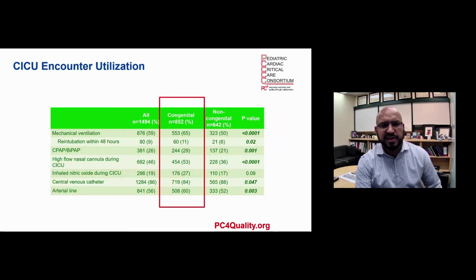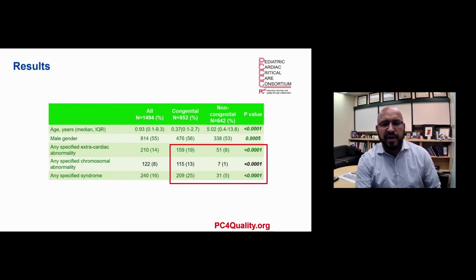And as you can see in this ICU group, the patients with congenital heart disease more often underwent mechanical ventilation or reintubation within 48 hours or other forms of positive pressure ventilation, and also required invasive hemodynamic monitoring. As well, congenital heart disease patients had extracardiac abnormalities, chromosomal abnormalities, or syndromes, not surprisingly.